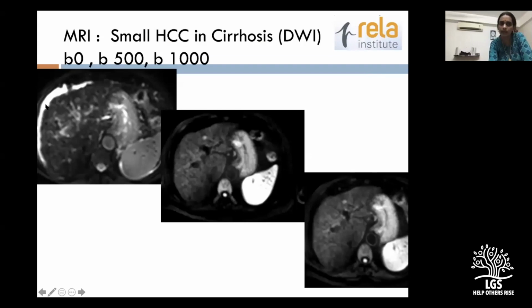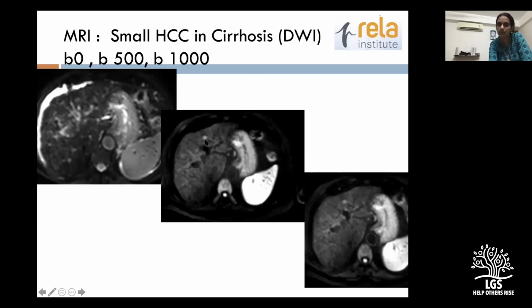So here the ascitic fluid, which is a free flowing fluid, or the cerebrospinal fluid in the spinal canal, are all lighting up. But as you increase the B value, the CSF has lost its signal, the ascites is gone, and instead what lights up is lesions like small HCCs.